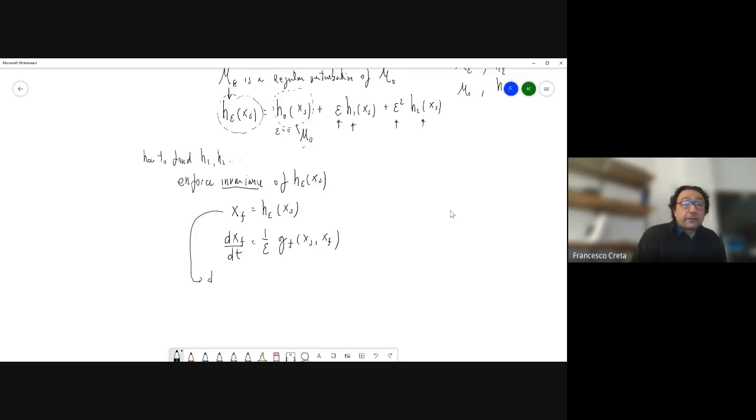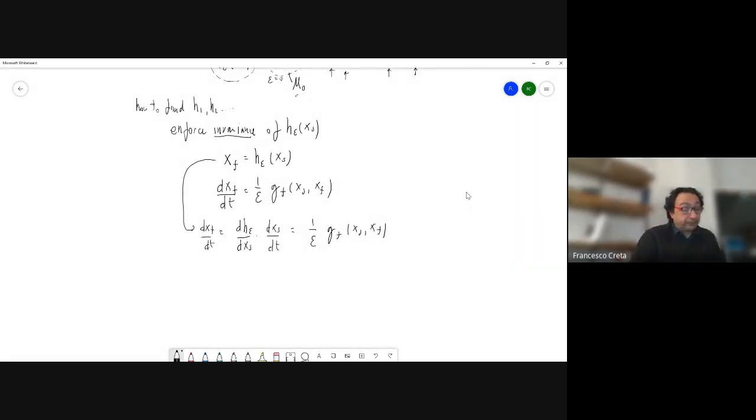So dx_f/dt is actually dh epsilon/dx_s times dx_s/dt, and this will be equal to the right-hand side, which is 1 over epsilon g_f. Going back to your singularly perturbed system, this stays as dh epsilon/dx_s. What's dx_s/dt?